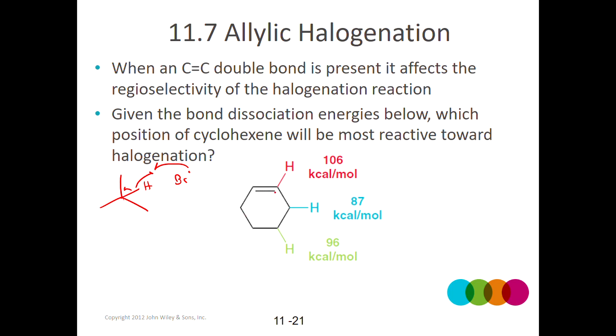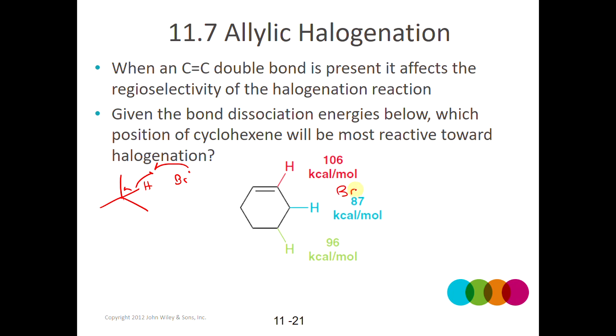So if there's an alkene somewhere in the structure and we do the same thing, what's most likely going to happen here, especially when we look at the amount of energy necessary to break these bonds, the transition state required to break this bond, or the energy required, is significantly less. It's even less than it would be at the tertiary site, because resonance is more stabilizing than hyperconjugation.